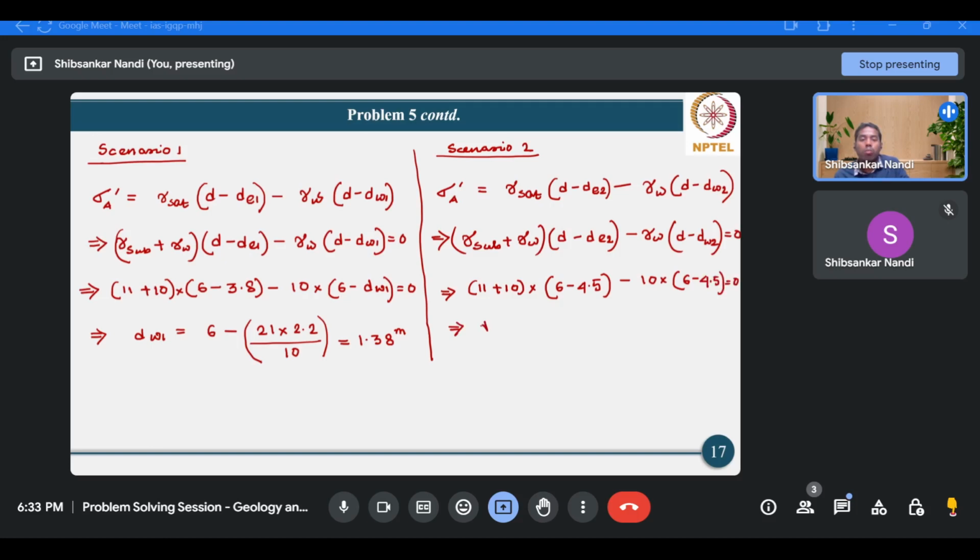So dw2 would be 6 minus 21 into 1.5 divided by 10, so it's 2.85 meter.